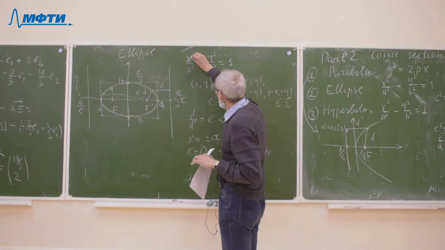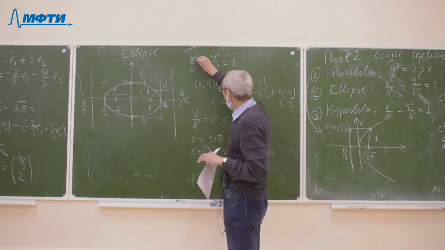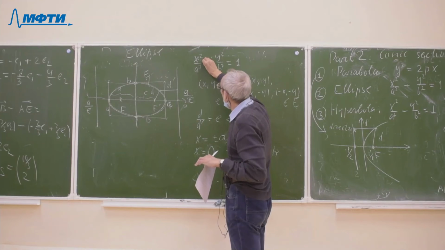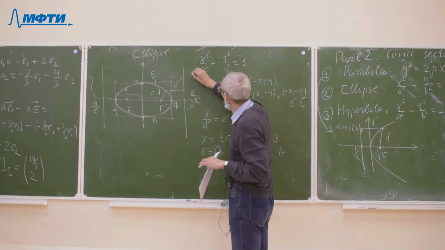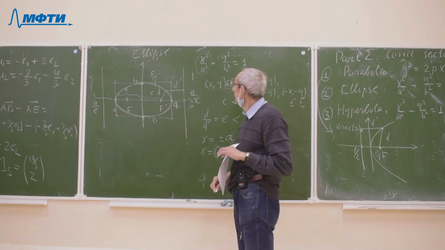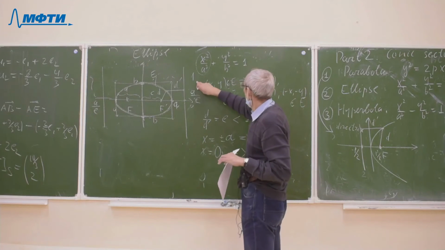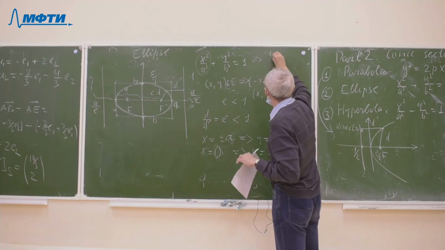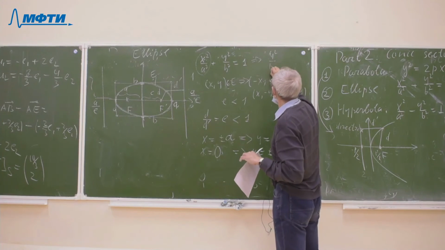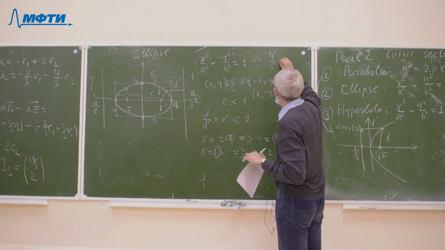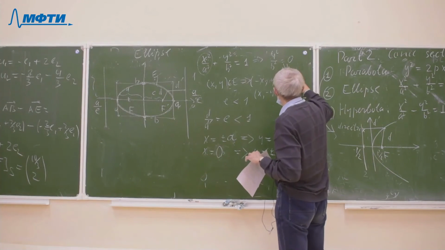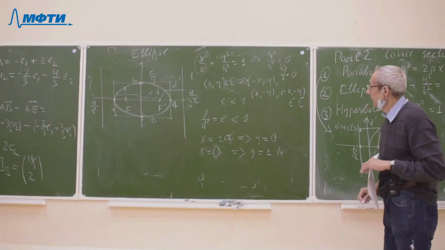If we substitute the value x equal to a, we obtain that this one is equal to 1, and from this we obtain that the ratio y square over b square is equal to 0, and from this we conclude that y is equal to 0.